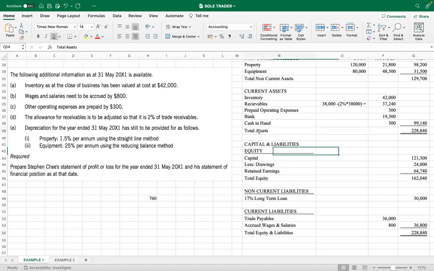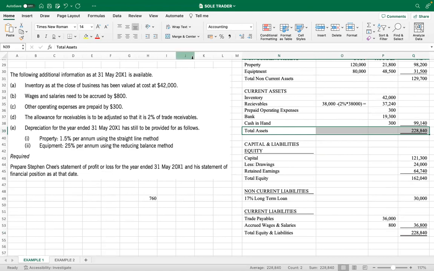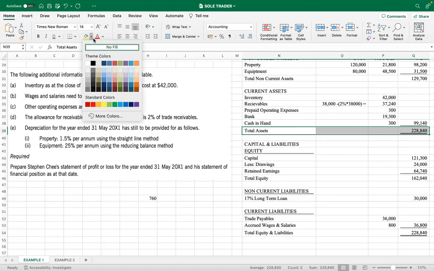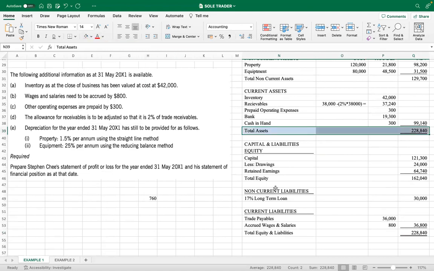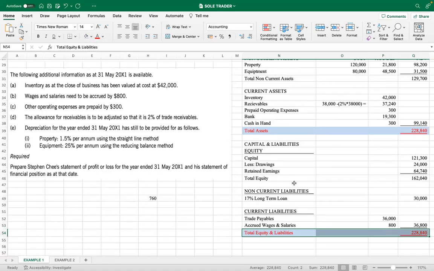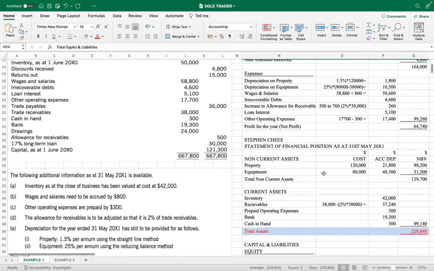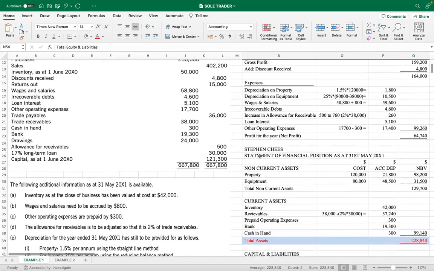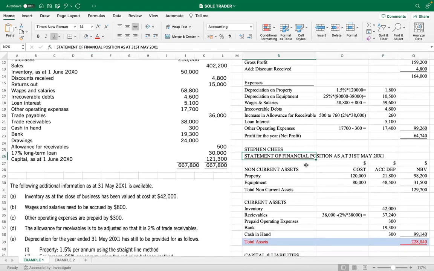Total assets should be equal to total equity and liabilities. And that is how the statement of financial position of a sole trader is prepared.